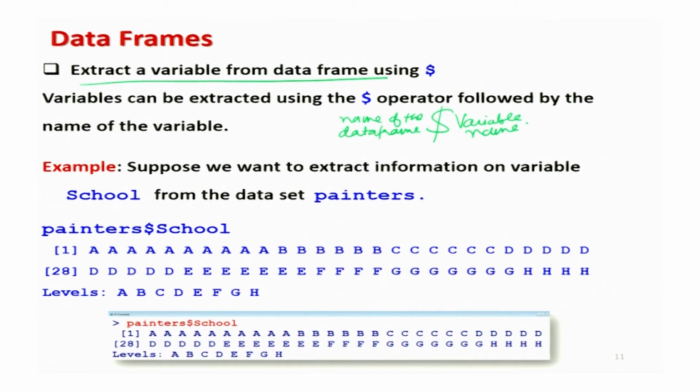Right, as simple as that. So, for example, if you want to extract the variable, say school, from the data frame painters, you have to simply write down the name of the data frame, painters, then the dollar operator, and then school. You have to keep in mind that this variable name has to be exactly the same as it is mentioned.